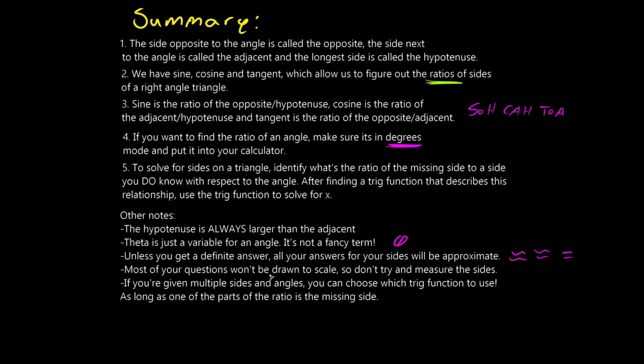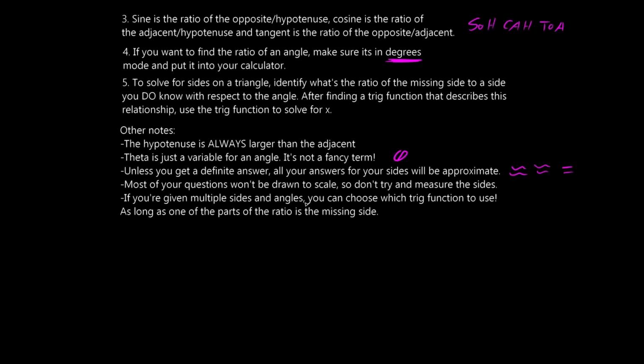Now, most of your answers won't be drawn to scale, so don't try to measure the sides. Use the trig functions. Now, last one is if you're given multiple sides and angles, you can choose which trig function to use, as long as one of the sides of the ratio is the missing side. So, here's an example.